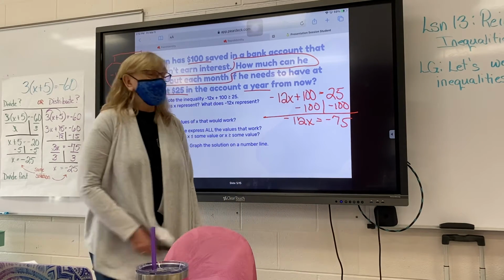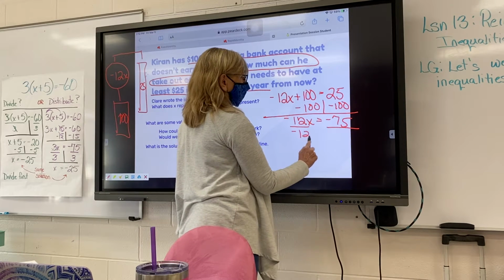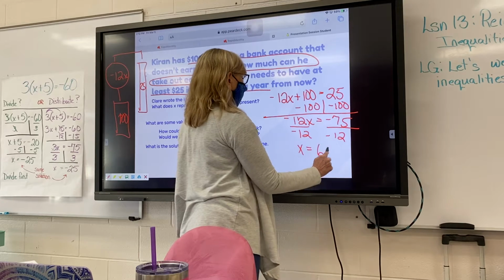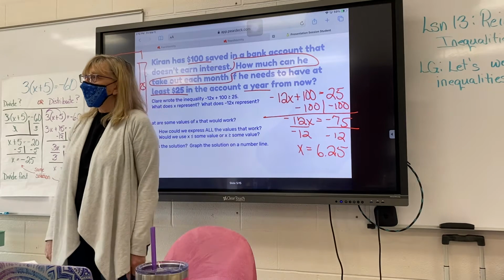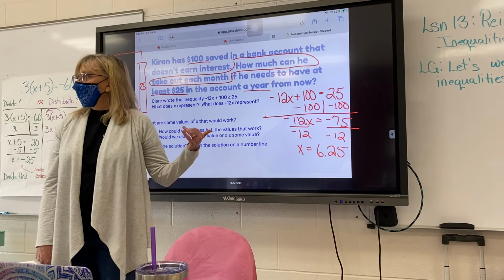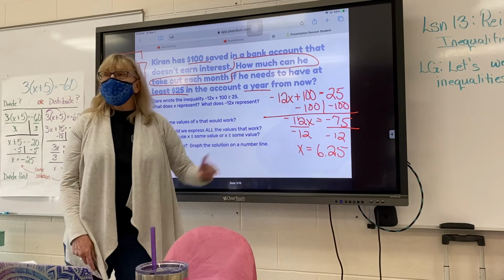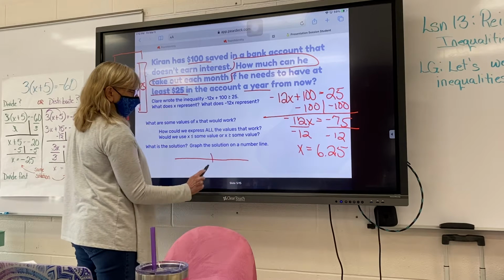And you want to divide by negative 12. And I get x equals 6.25. Did I do it right? Yes. That's 6.25, what we're going to call the boundary number.